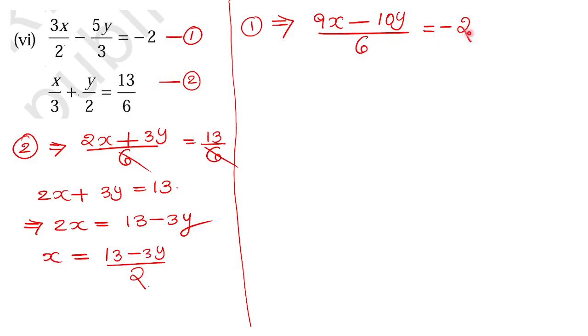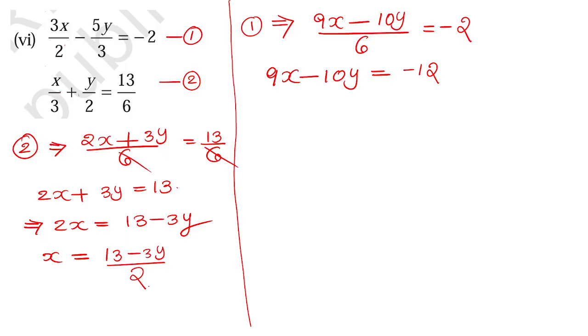The 6 goes to the other side, becomes into 6. Clear? The divide by 6 becomes into 6 on the other side. Try to avoid fractions. Okay. 9x minus 10y is equal to minus 2 into 6, will be minus 12.